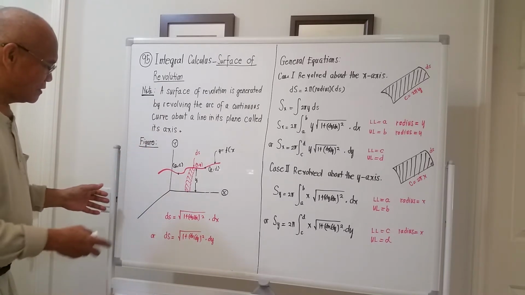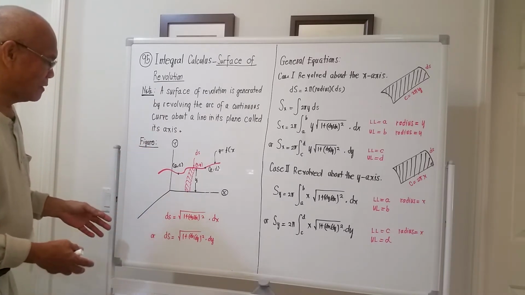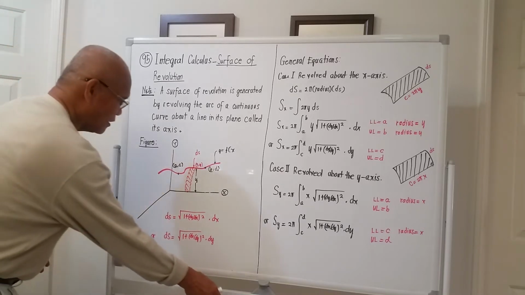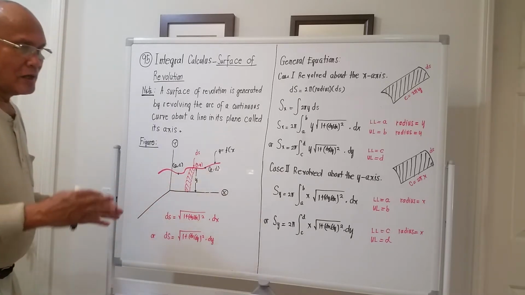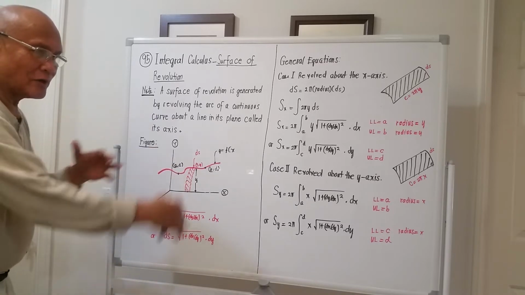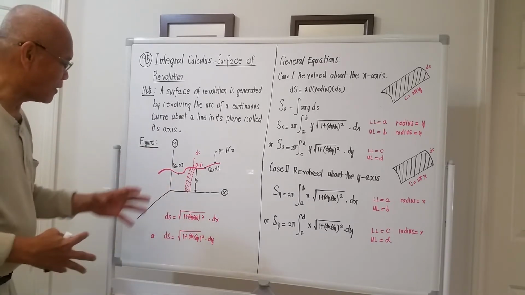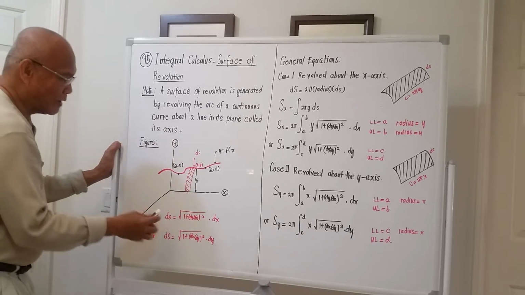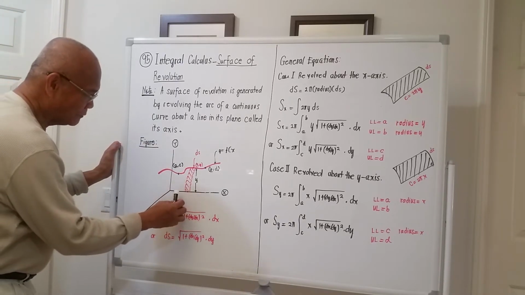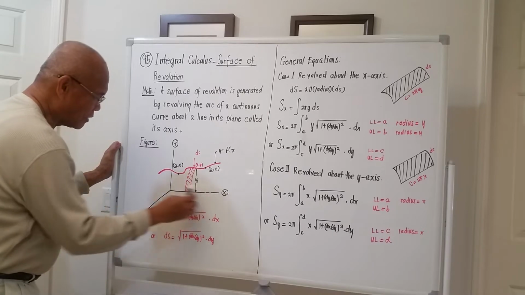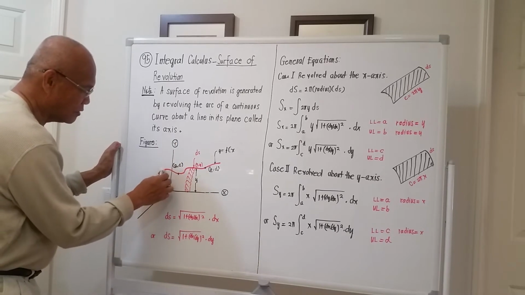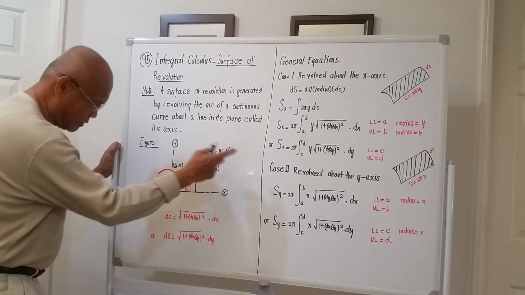So actually, after the completion of the revolution, we are now on the so-called XYZ plane. If we try to bring up the figure for the meantime, this is the x-axis, this is the y-axis, and the one in red is actually the curve.